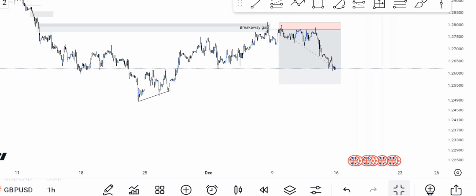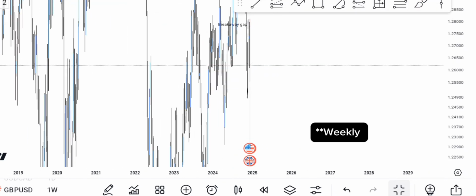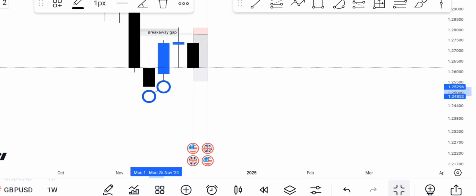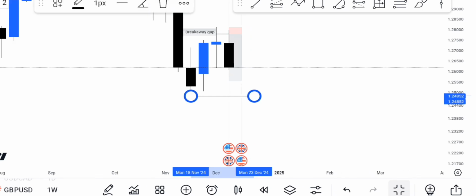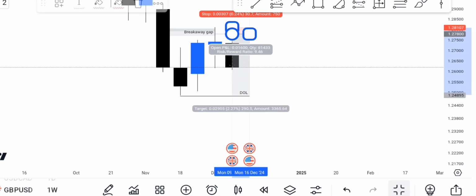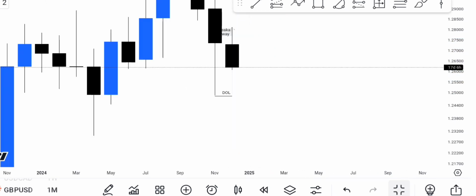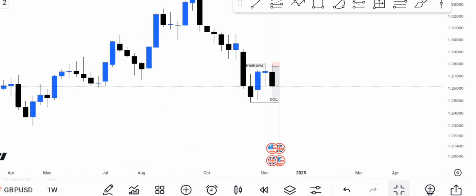So what will be our draw on liquidity according to the Monday fair value gap? This swing low point. Okay, this swing low point will be our draw on liquidity. So simply we can target it like this. Okay, let's check out the 1 month time frame to see what is running here. Okay, so we can clearly expect this swing low here.